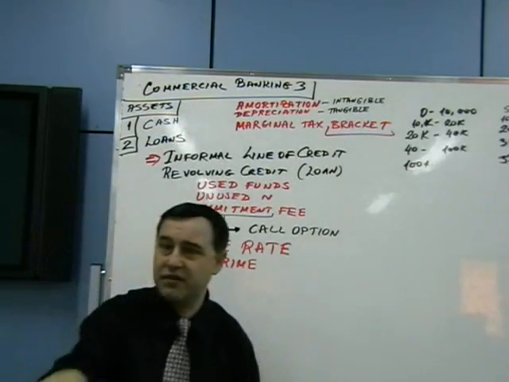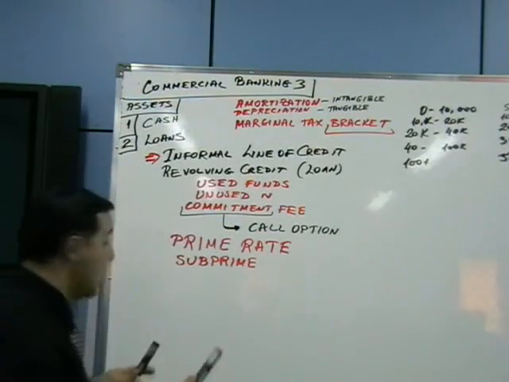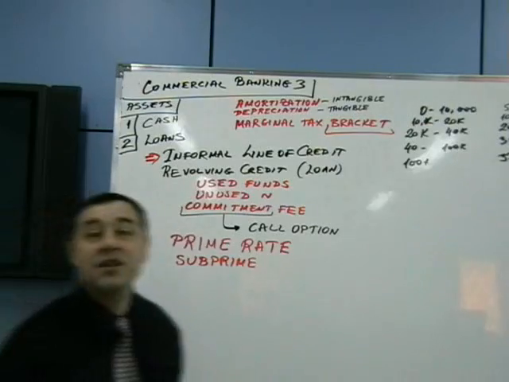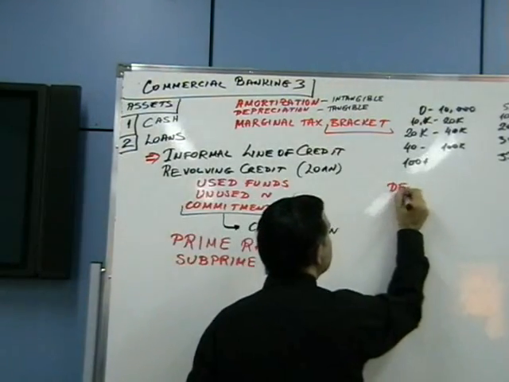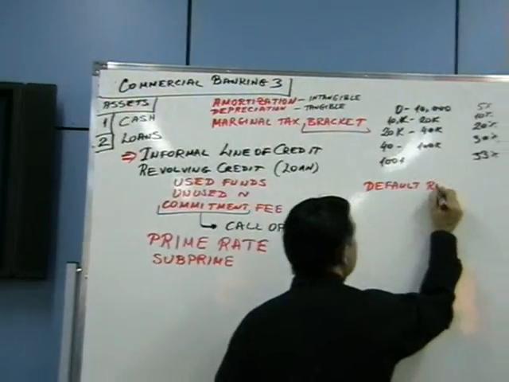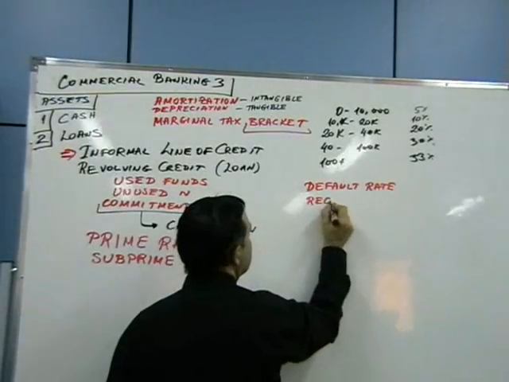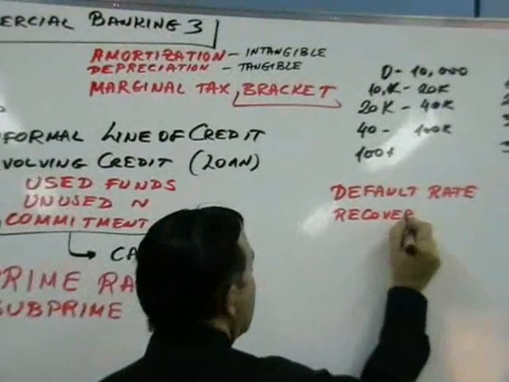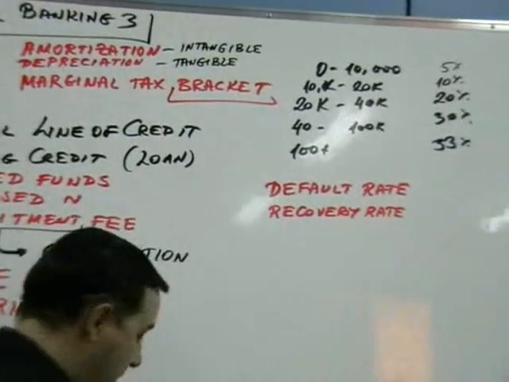Did we discuss recovery rate last time? No? We never did? Okay, this is another banking concept from risk management. Let's do this. I'm jumping a little bit here. Default rate, then you have recovery rate.